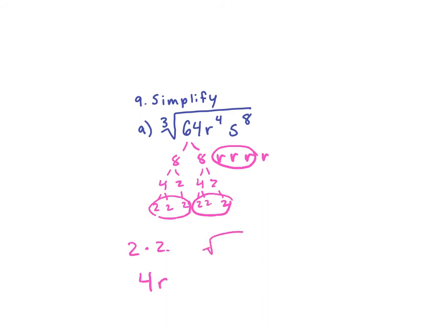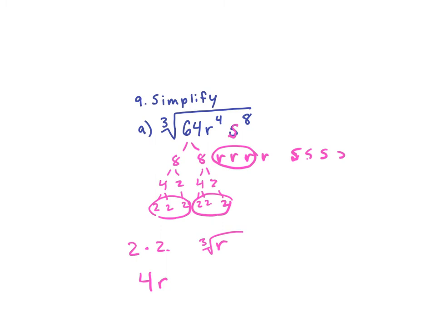And then we have the s's next. So we can do what? Write out 8 s's. 2, 3, 4. I don't think my Apple Pencil has enough power to write out 8 s's. But how many are we taking out? 2 groups, so 2 s's.